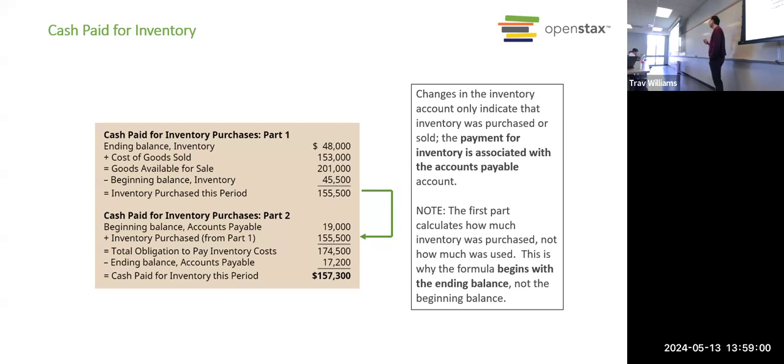On the problem set, if you have to calculate the cash paid for inventory, or it might say cash paid to suppliers, remember you have to first calculate how much inventory you purchased and then figure out how much you paid for it. The first part is a different formula. It starts with ending inventory and then subtracts out beginning.